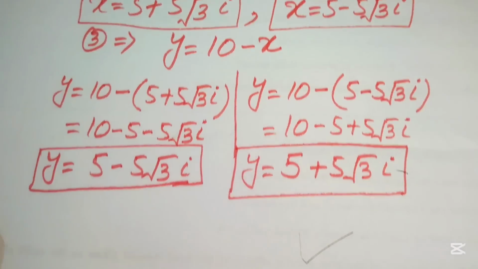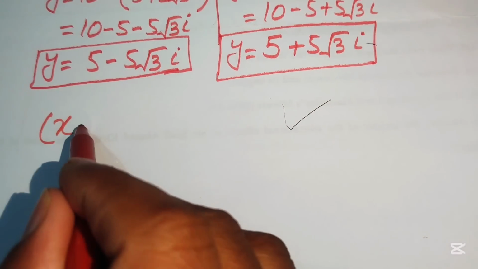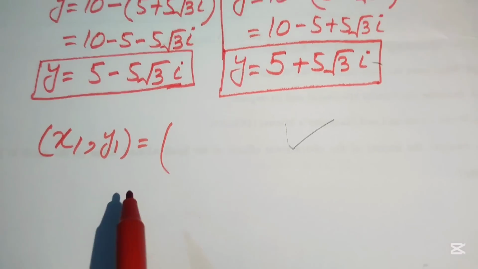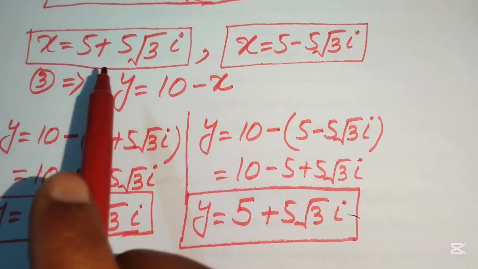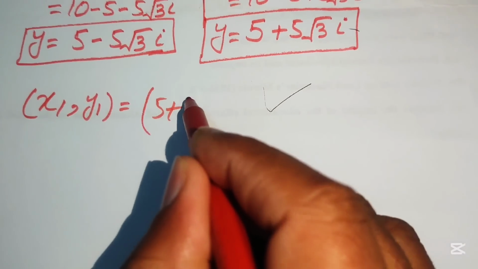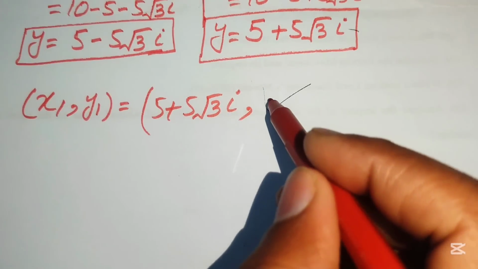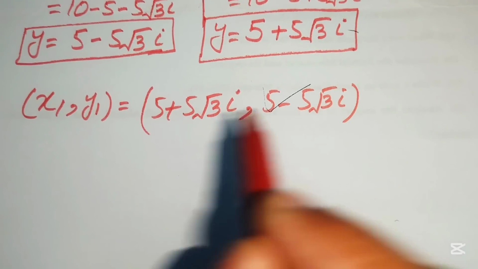Okay, so finally we have the two solutions of the given equation. The first solution is x1 and y1, where the value of x1 is 5 + 5 times the square root of 3 iota, and the value of y1 is 5 - 5 times the square root of 3 iota.